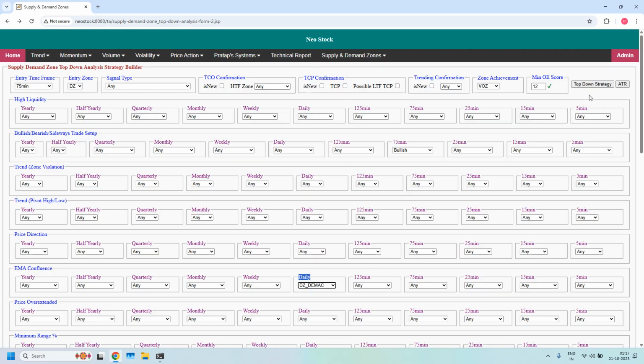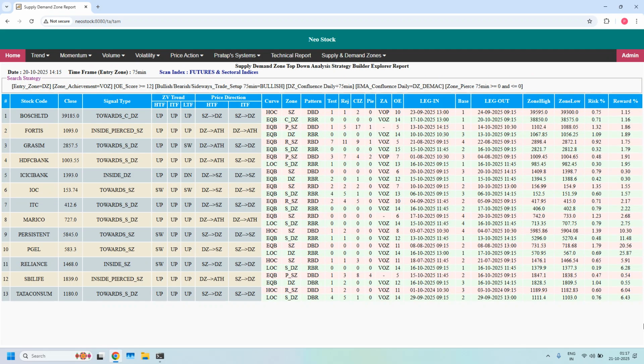ITF is daily. So we got 13 stocks. So these 13 75 minutes demand zones might be having more high probability to get success, provided lesson 20 checklist items are satisfied. Otherwise, higher chances of zone violation. So this is as per the first strategy.